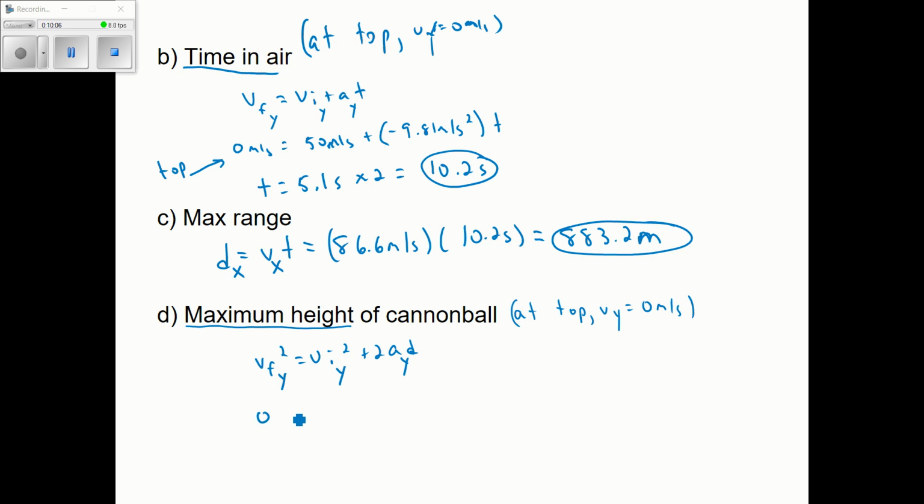So at the top, the velocity is 0. I'm just going to write myself a hint. The initial velocity, we had got the initial y velocity, and that's why I have the little subscripts.